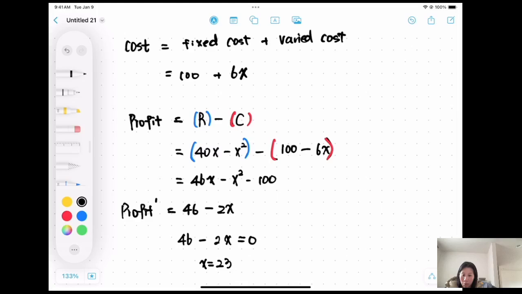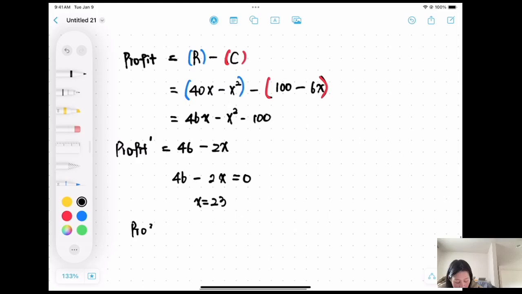The next thing we need to do is check the second derivative. The second derivative is taking another derivative of the first derivative. So I have 0 minus 2. So it's negative. Negative means this is going to be concave down for all the x's within the range. So that means when x equals 17, the profit reaches its maximum.